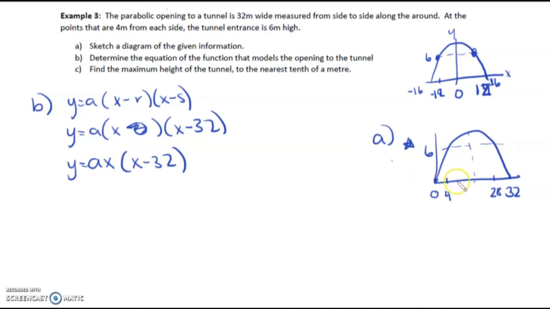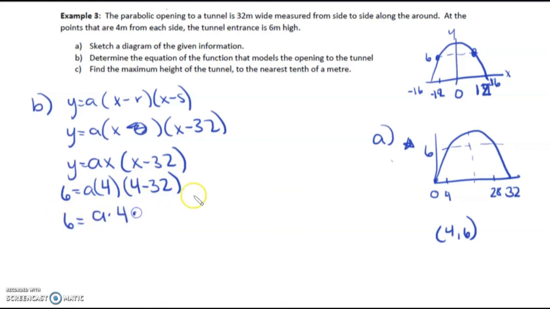Okay, but we know that we have 4, 6. So let's actually sub in 4, 6 and see what happens. Okay, so we get 6 equals, well, what's a times 4 times negative 28? We get negative 112.